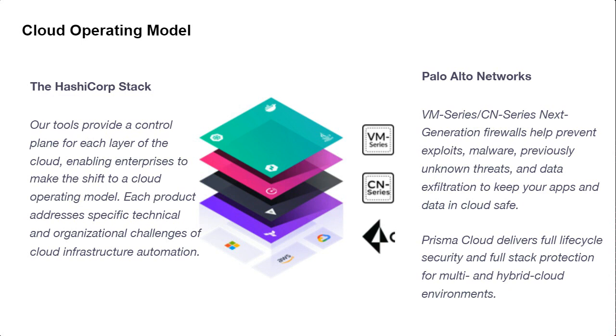Like Terraform for provisioning, Vault for securing, and Consul for connecting those services, and of course tools like Nomad for deploying your services. Now with Palo Alto on the right-hand side, we can deploy our products in parallel to this HashiCorp tooling to make sure your cloud workloads across multi-cloud or hybrid cloud are secure.